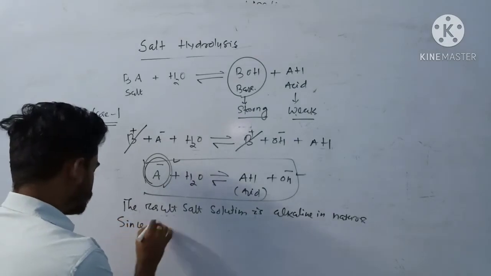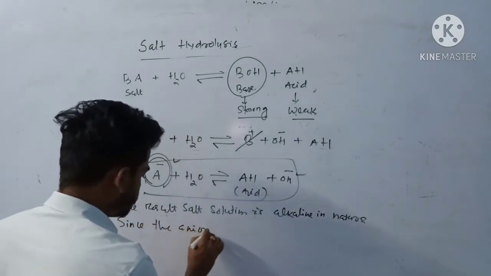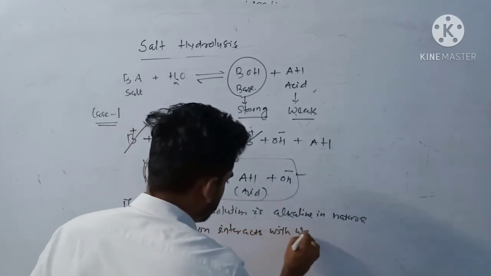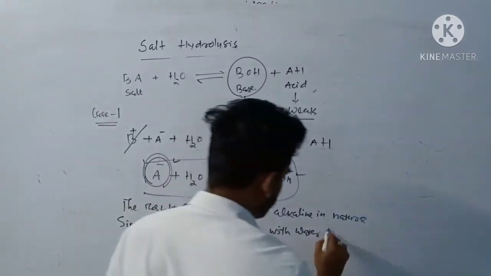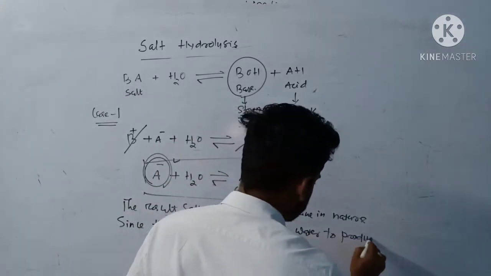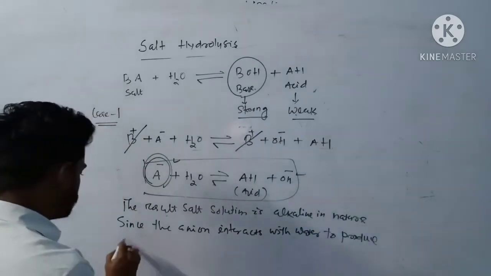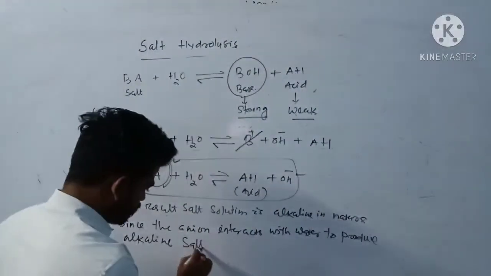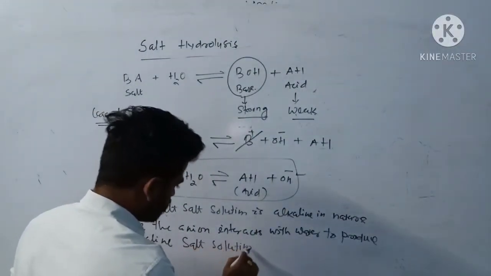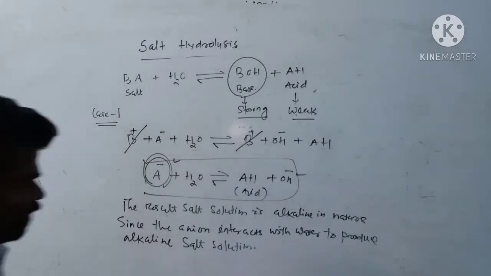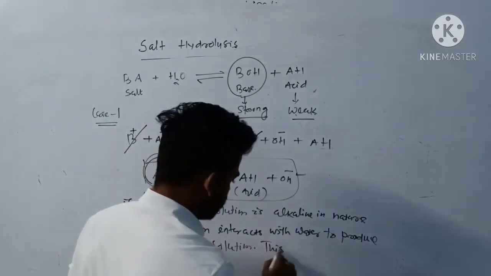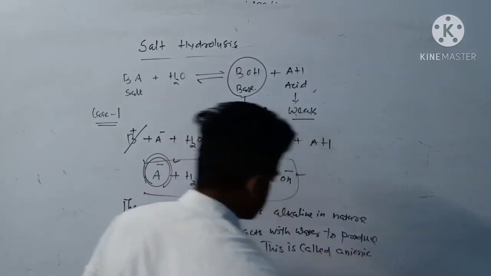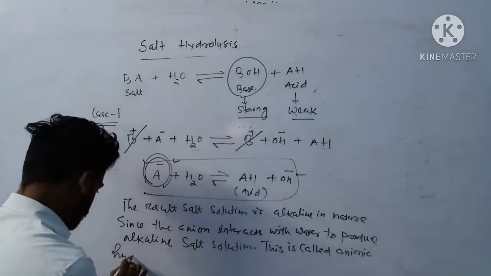Since the anion interacts with water to produce an alkaline salt solution, this is called anionic hydrolysis.